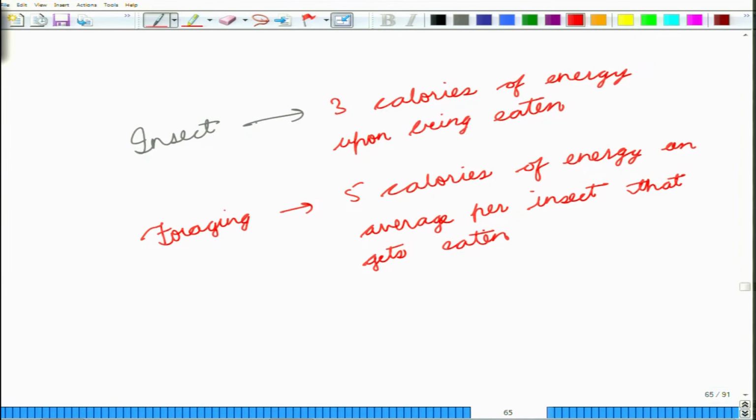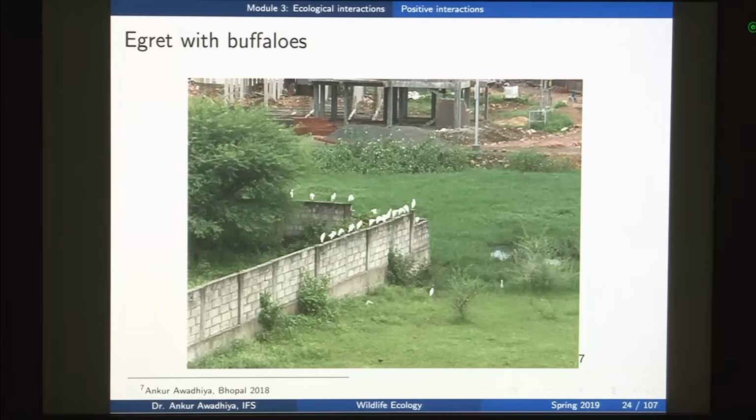So, what we are saying here is if this bird gets down. So, basically this bird would be living somewhere else. So, it came to this wall early in the morning. So, it has expended some amount of energy to come to this area that is rich in insects, that is rich in food.